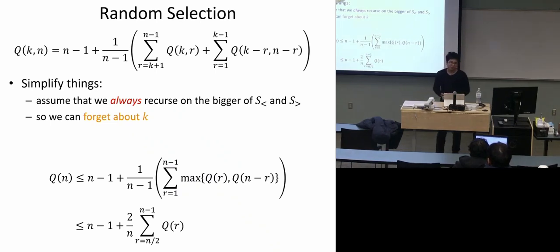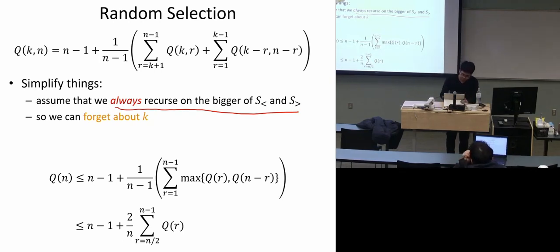So let's analyze a different process where you always recurse on the bigger side of the set. If you assume that, you can forget about k. It doesn't matter what k is. Anyway, you're going to recurse on the bigger side.